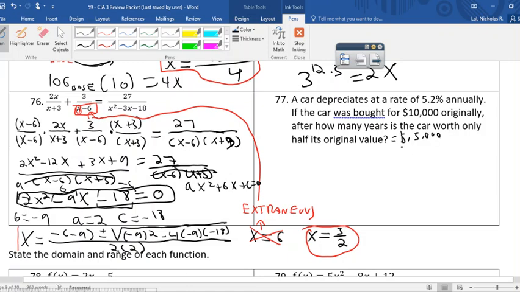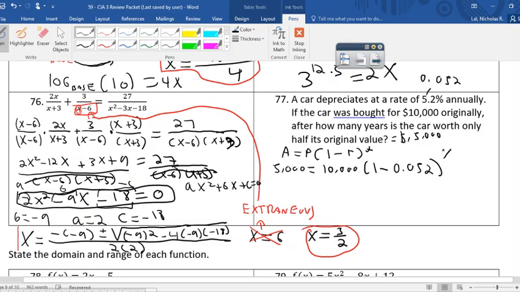So A, our amount after, is equal to our initial amount P times, since this is exponential decay, 1 minus our rate to the t power. So 5,000 is equal to 10,000 times 1 minus 5.2% as a decimal, 0.052, to the x power.